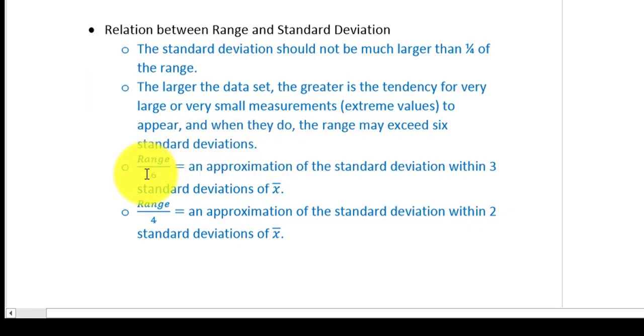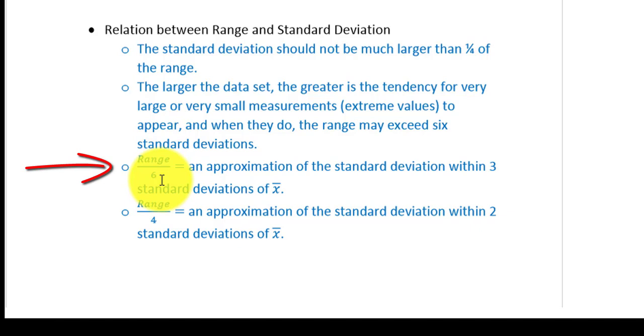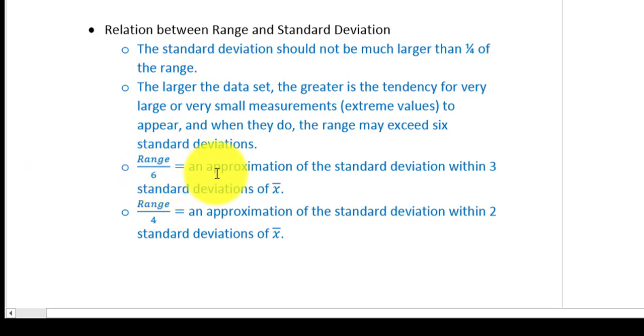So we have 2 different approximations for the standard deviation. When we take the range and divide by 6, that represents 3 standard deviations to the left and 3 standard deviations to the right of the mean. That makes a total of 6. So that gives us an approximation of the standard deviation within 3 standard deviations of x bar.